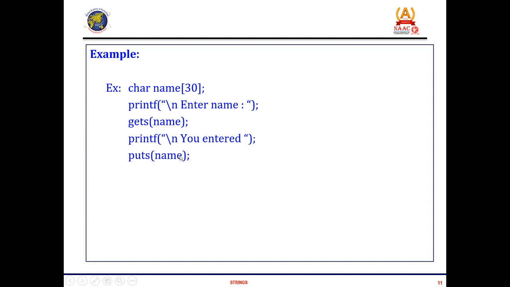A sample output of this code, assuming that you have written your main and all other things, and assuming this program does not give any syntax error: if I run this program and give the input like this, "COVID-19 epidemic", the space which is there after 19 and before 'e' is also taken care of, because we are using a library function called gets.